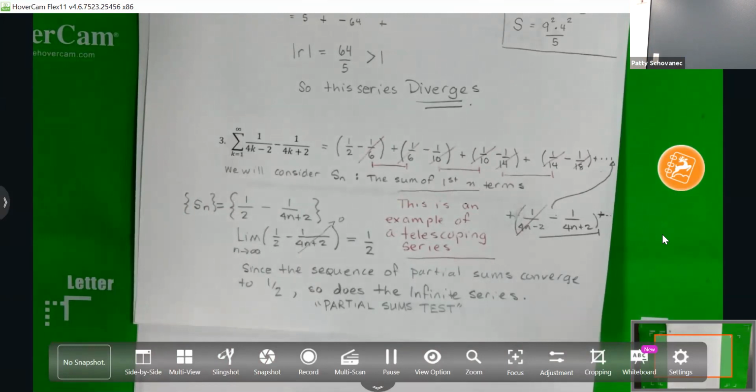I learned back in chapter 7 that I can take a single fraction and write it as smaller fractions that added to that by doing a partial fraction decomposition. So if I suspect a telescoping series, I'll try to write it as the difference or the sum of several fractions, and then see if I can use the partial sums test.